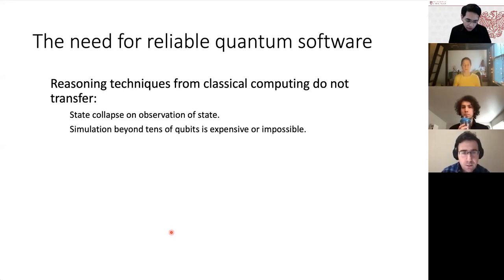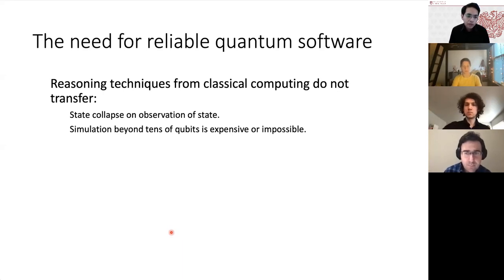Another reason is that in classical computing, people generally just run the code and see what happens to understand it and to debug it. This approach works for a small number of qubits in the quantum case, but it's not really scalable because, as we'll see, quantum computing is fundamentally different: it can represent a huge amount of state, which can be exponential compared to classical bits.